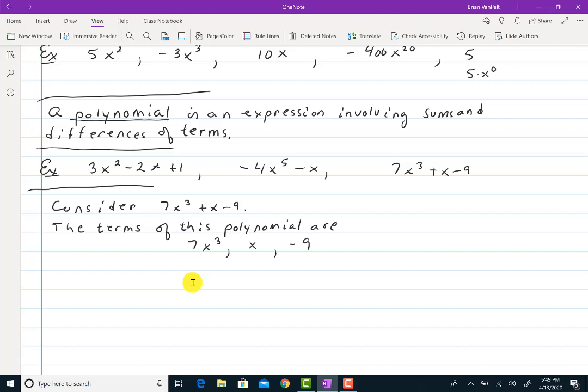While we're at it, let me do some other definitions. The numbers in each term are called coefficients.